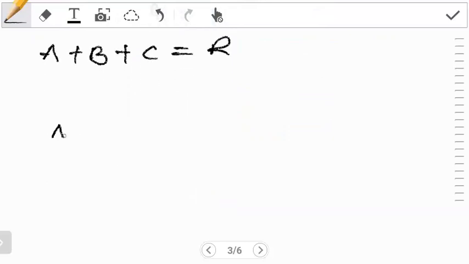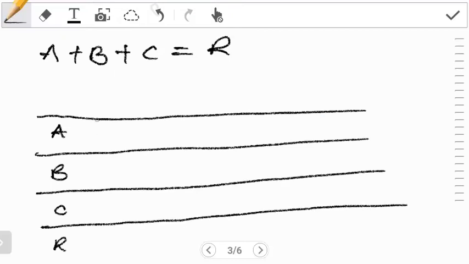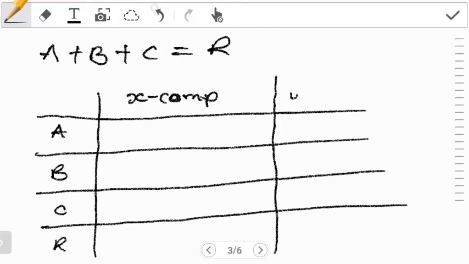We're going to have the vector A, the vector B, the vector C, and the resultant here. We're going to split this up so that we add them in terms of their components. So what we're going to get first is the x component of each, and then after this, we're going to get the y component of each.